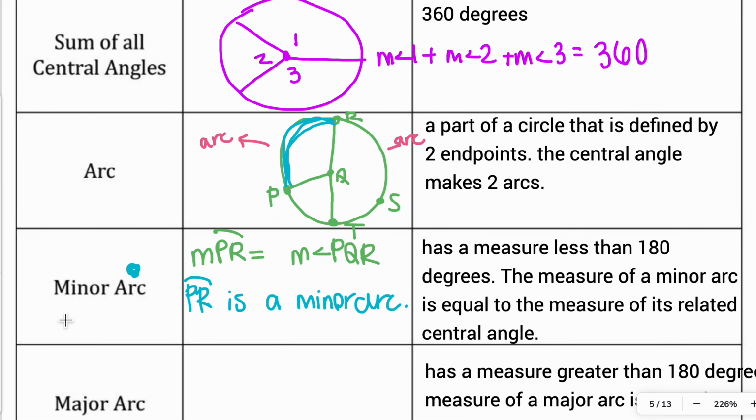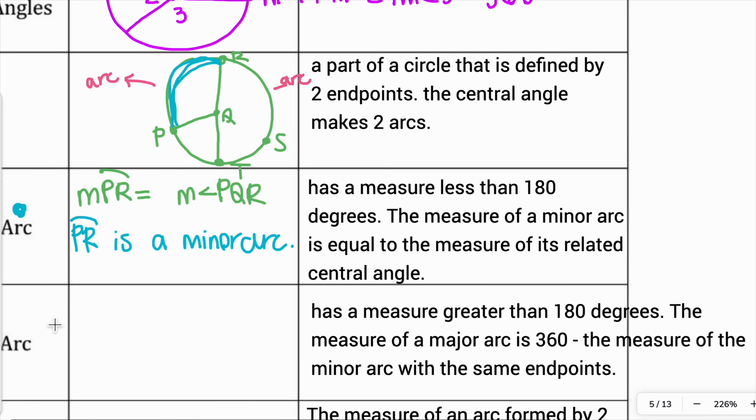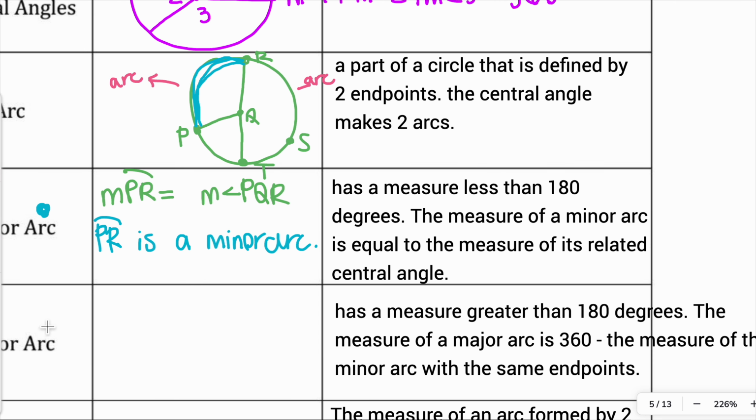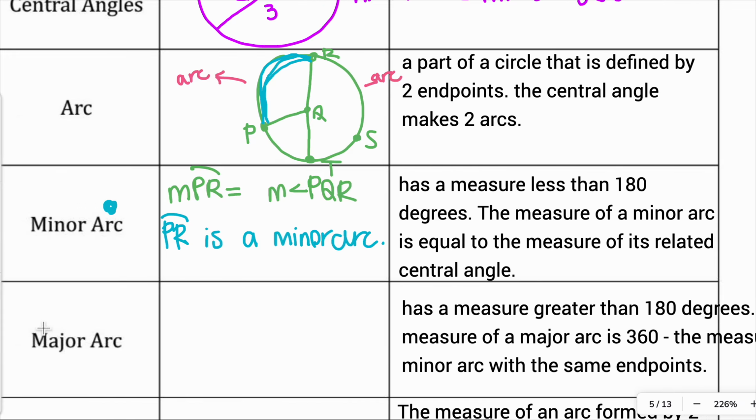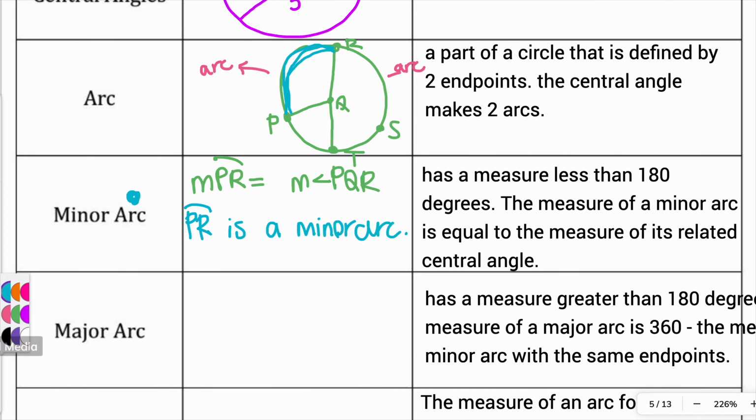Okay, a major arc, though, has a measure greater than 180 degrees. The measure of a major arc is 360 minus the measure of the minor arc with the same endpoints. So in this one, I did PSR. So major arc PSR. Notice how we're going to use 3 letters now.